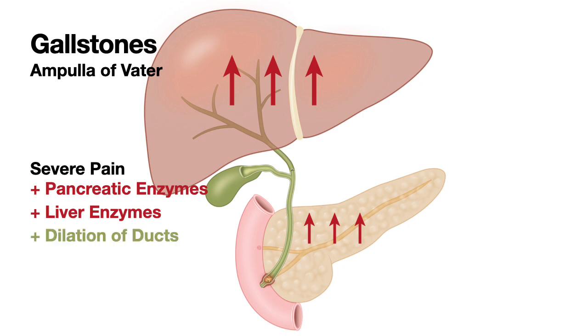So severe pain in the mid-abdomen lasting for several hours with profuse vomiting and elevation of the serum amylase, elevation of the serum liver enzymes, and dilation of the intrahepatic ducts on ultrasound or on another form of imaging, then you diagnose gallstone pancreatitis.